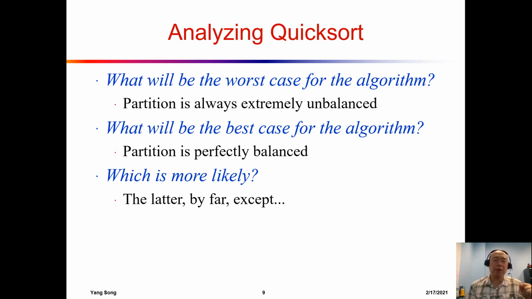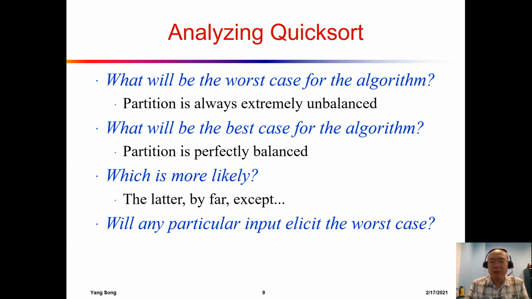If for one partition we are unlucky, it doesn't matter, because later we are going to have another partition. The worst case happens when we always pick the largest value or always pick the smallest value among the values to be sorted. That would be really, really unlucky, right?